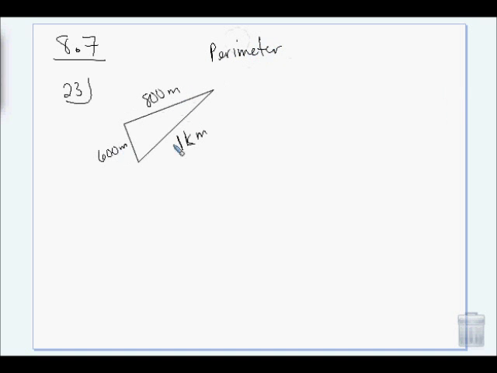But I have meters, meters, and kilometers, which are not the same. So I'm going to convert kilometers to meters. So 1 kilometer is 1,000 meters.